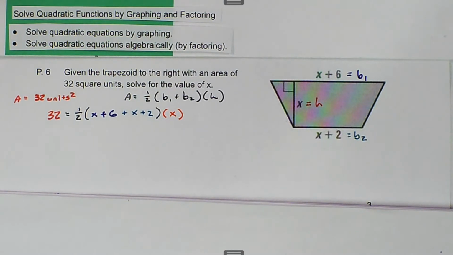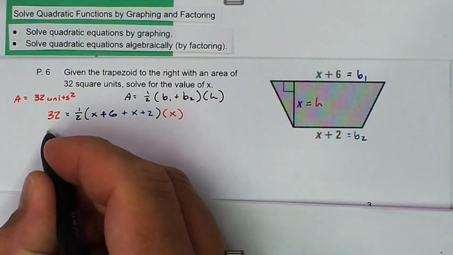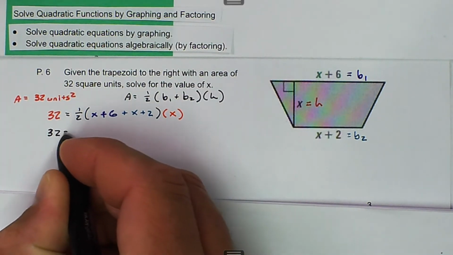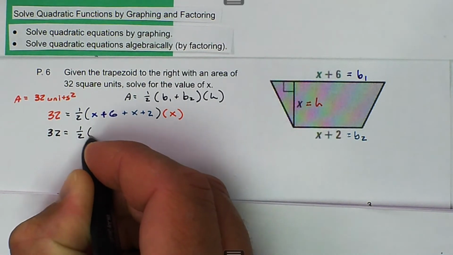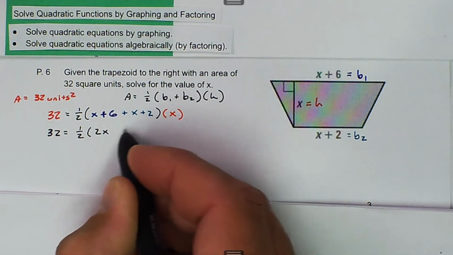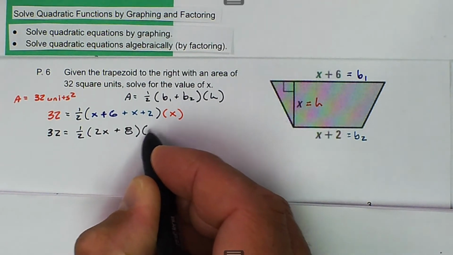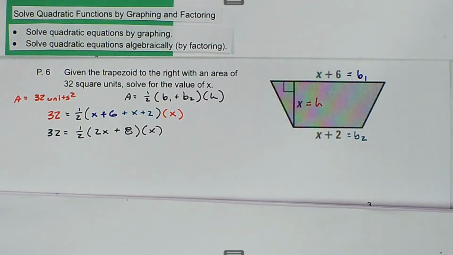So now we can combine some like terms inside our parentheses. We get 32 is equal to 1/2 (x plus x is 2x, and 6 plus 2 is 8), and that's still multiplied by x.